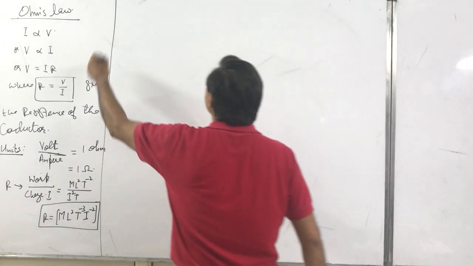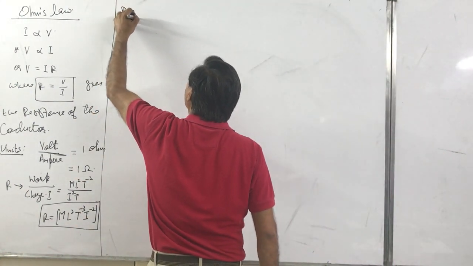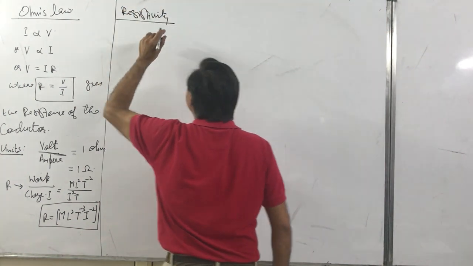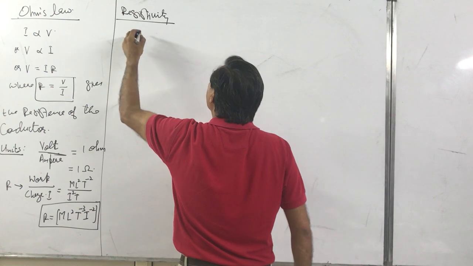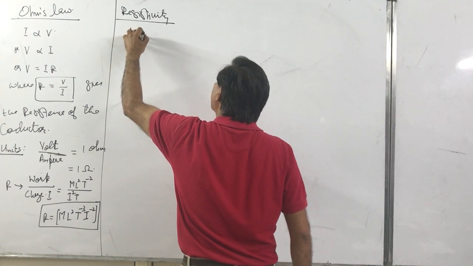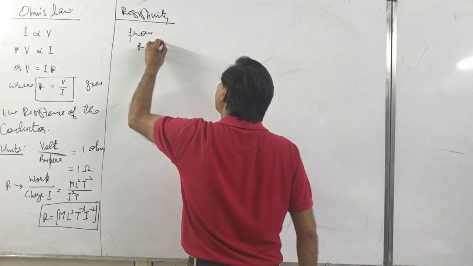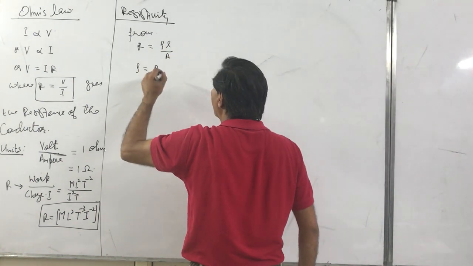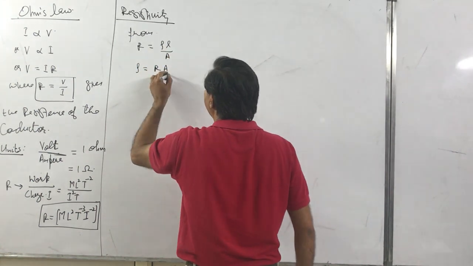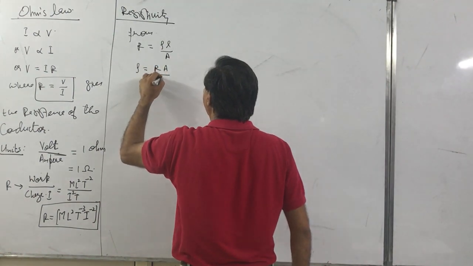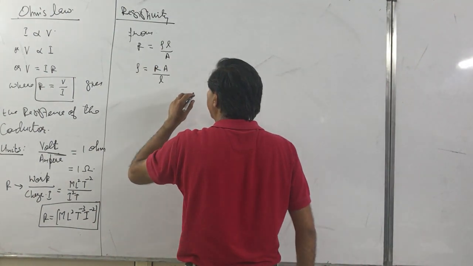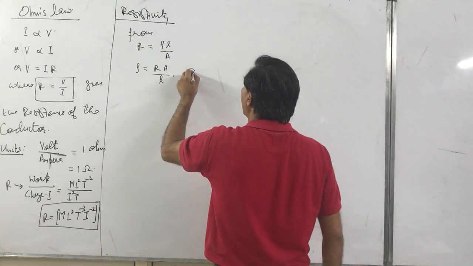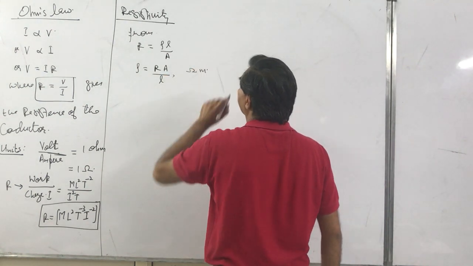Let's talk about resistivity now. Once again, resistivity from R is equal to rho L by A. Rho is equal to R A by L. Thus it will have units of ohm meter.